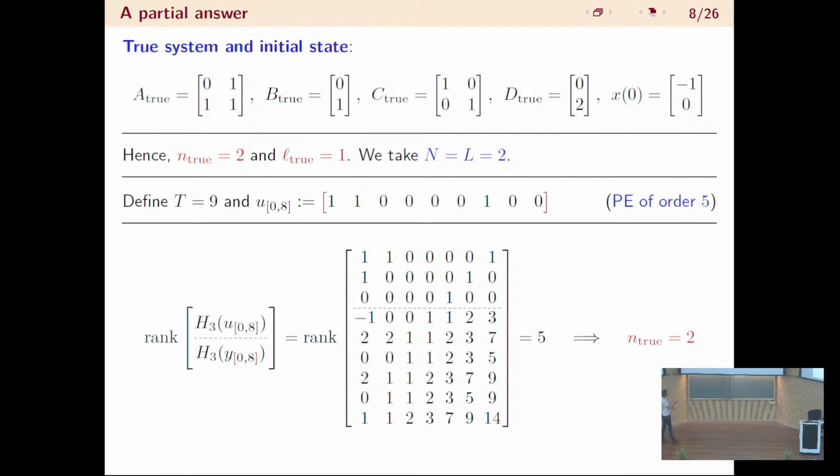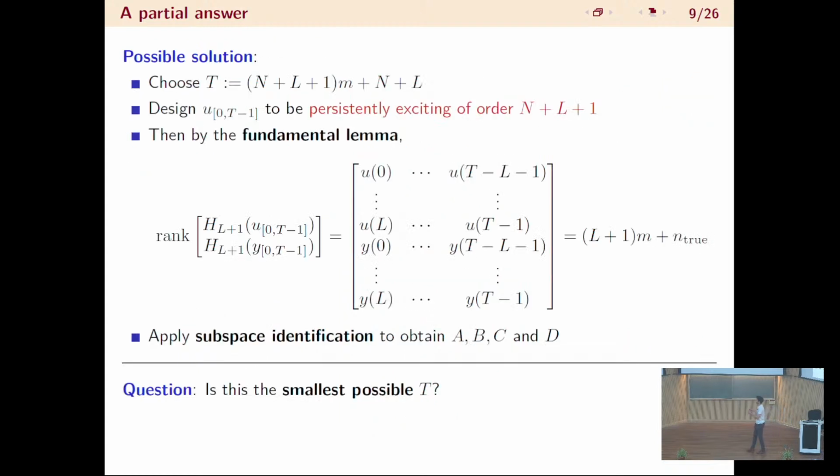And then finally, I can use these data, this input-output Hankel matrix, to identify A, B, C, and D. Now, the big question, of course, in my opinion, is: I could go through this procedure and apply this persistently exciting input, but is this somehow the best that we can do?